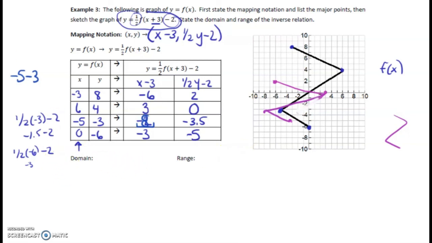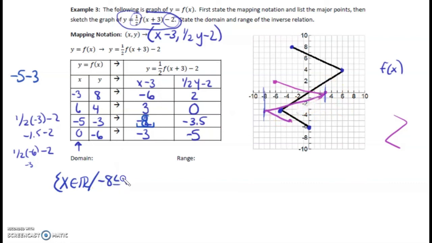Okay, so domain and range. So this is a continuous function because we don't have to lift our pencils when we draw it, right? It's just kind of like a Z. So x is an element of the real number system such that what two numbers is x going to be between? So the very most left number is -8 and the very most right number is 3.